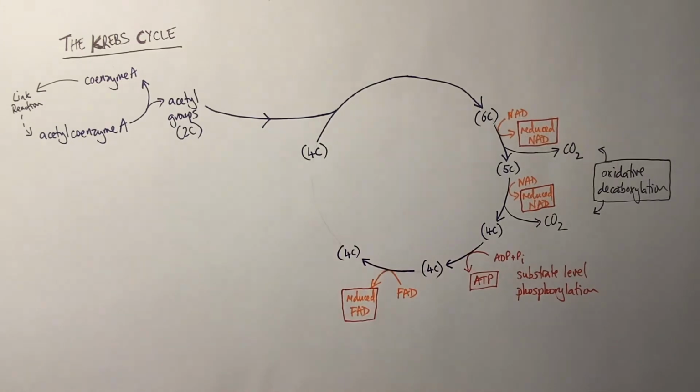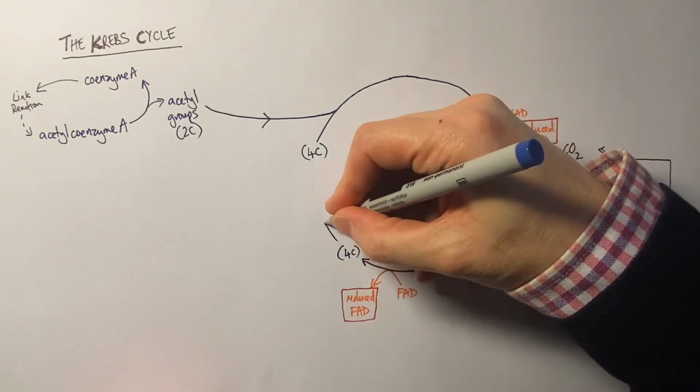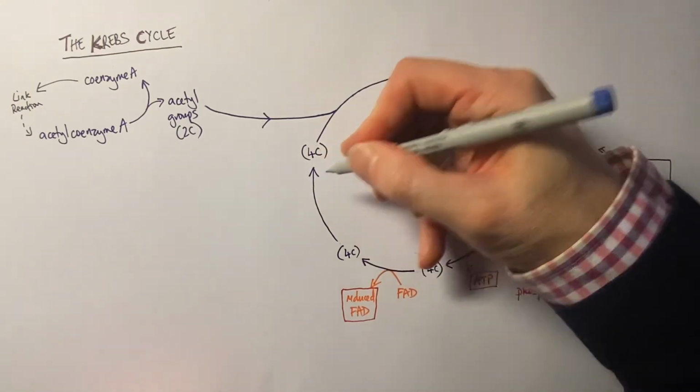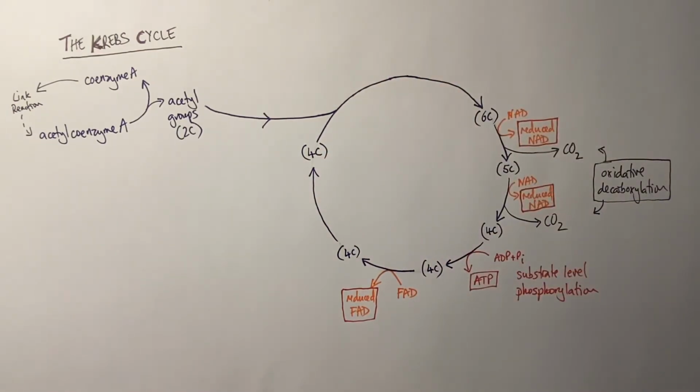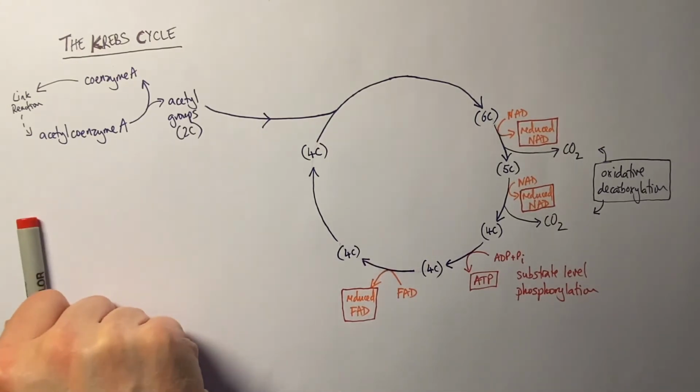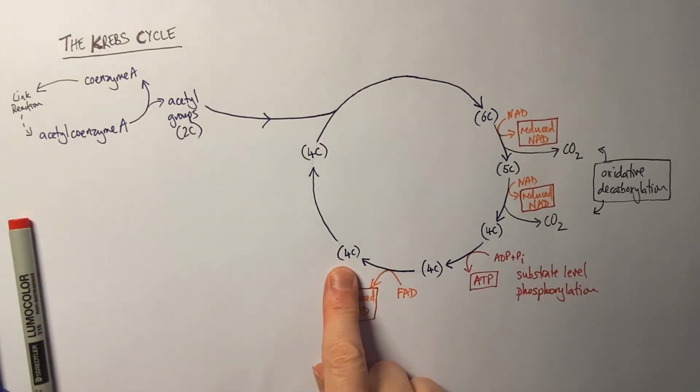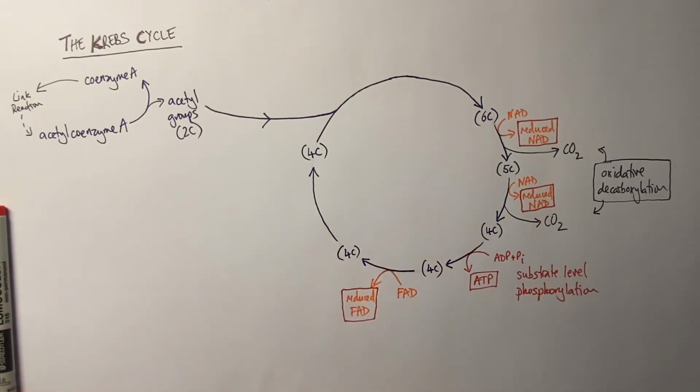So we get another 4-carbon compound formed. This 4-carbon compound is then converted into the final 4-carbon compound. And to do this, this 4-carbon compound has got to lose hydrogen again.